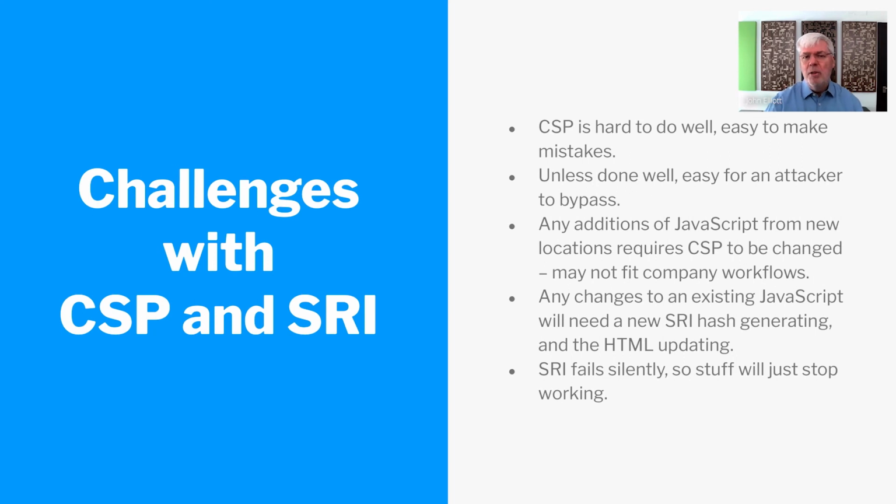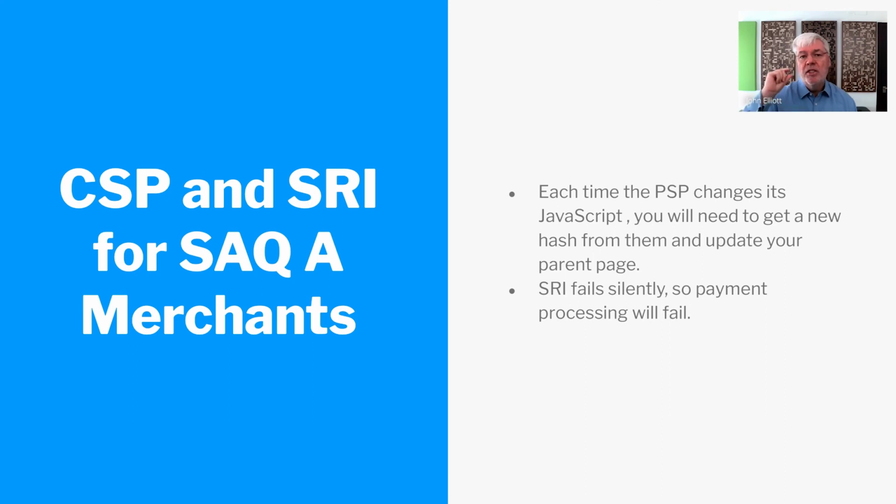It's really important to remember that SRI fails silently. So if a script is changed and you haven't changed the hash, the script will just stop working, which may not be the behavior that the rest of your organization approves of. And this is especially so when the JavaScript you're loading is from your payment service provider.